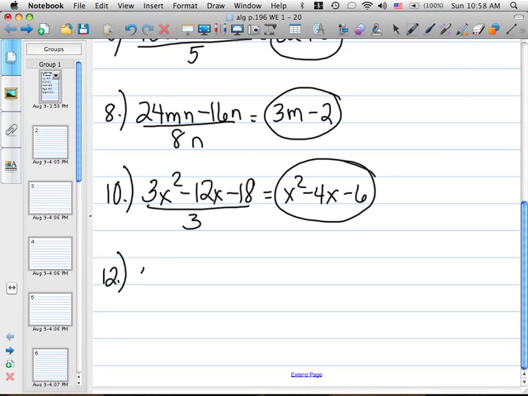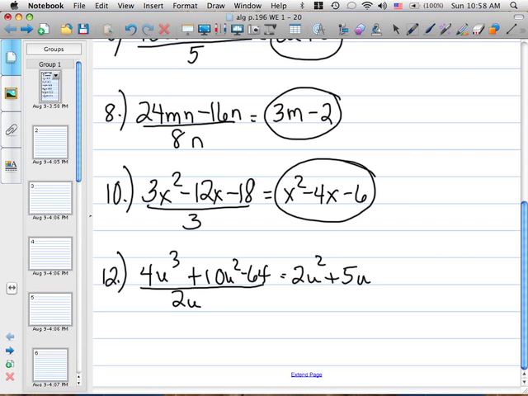Number 12, 4u to the third plus 10u squared minus 6u divided by 2u. 2 goes into 4 twice. I can take out a u, so that leaves me u squared. 2 goes into positive 10, positive 5 times, and I can take out a u, leaving me a u.